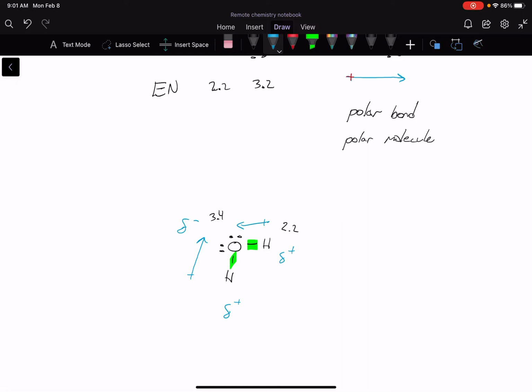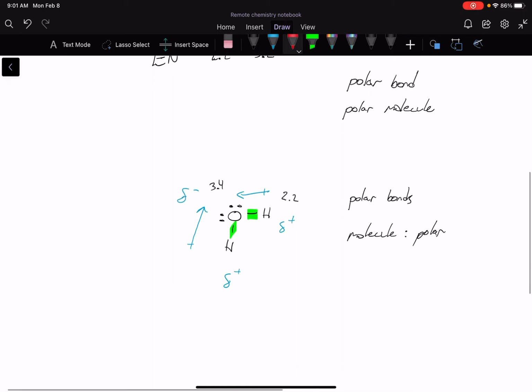All right, so each bond is a polar bond because it's an uneven sharing of electrons. And then the molecule itself is going to be polar as well because there's an uneven distribution of charge around that central atom, or around that oxygen.